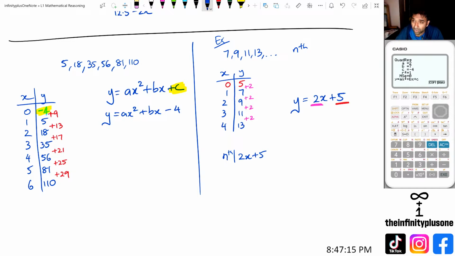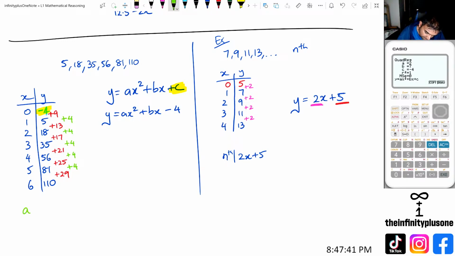Next, to figure out the a value, what we have to do is something called second difference. The second difference is we take these red numbers and we see what's happening to them. As you can see, the red numbers are going up by 4 all the time.